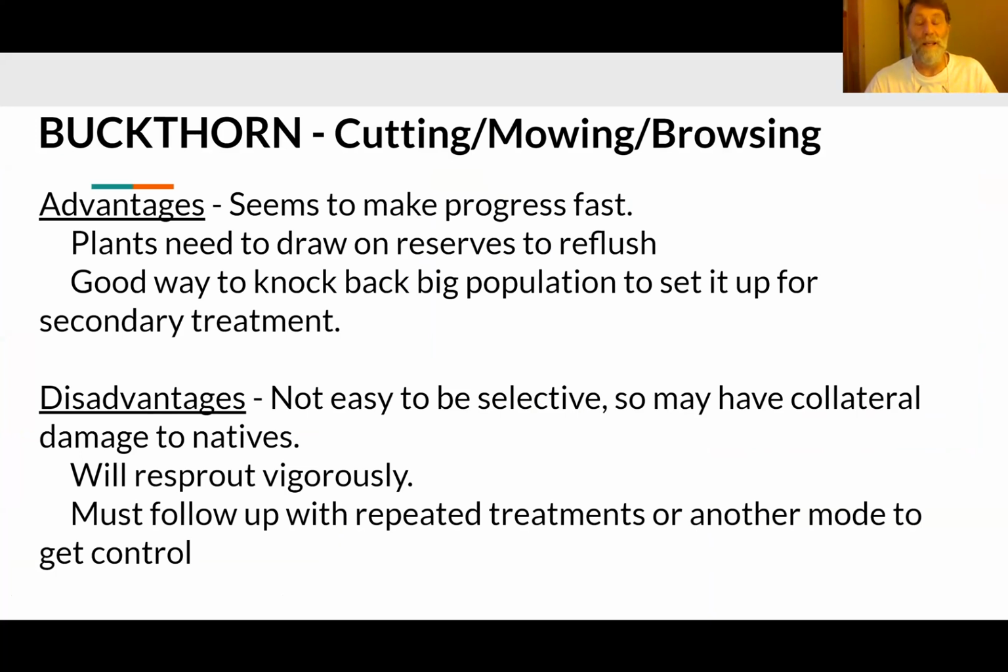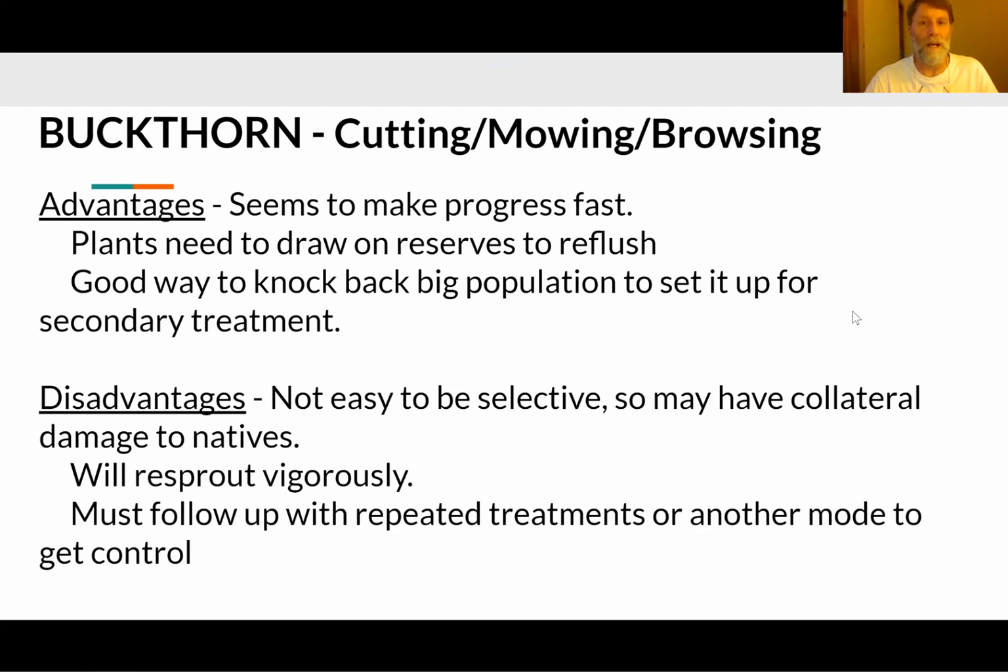Something like this, you actually see a difference pretty fast. So it's a good way to take a fairly large area and knock it back and make it look fairly decent and start to make you feel a little bit more hopeful about the place. You will have to follow up. You'll have to do some sort of a repeated treatment, because both of these will sprout pretty vigorously once they're cut.